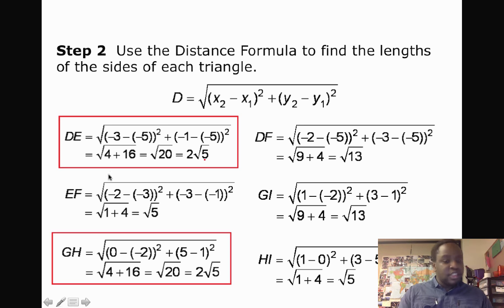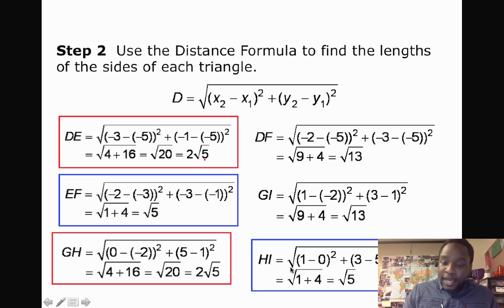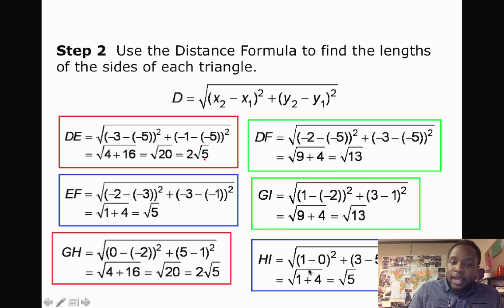Well, DE and GH are congruent to each other. They're both 2 radical 5 in length. EF and HI are congruent to each other. They're both radical 5. And DF and GI are congruent to each other because they're both radical 13. So we have 3 pairs of congruent sides.